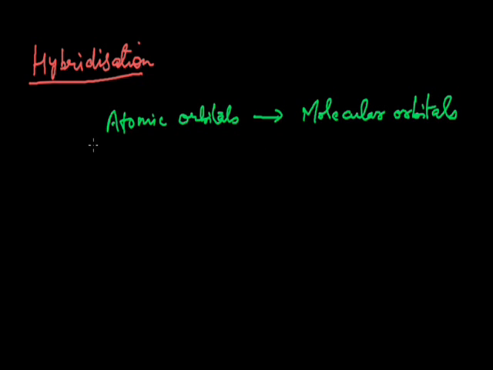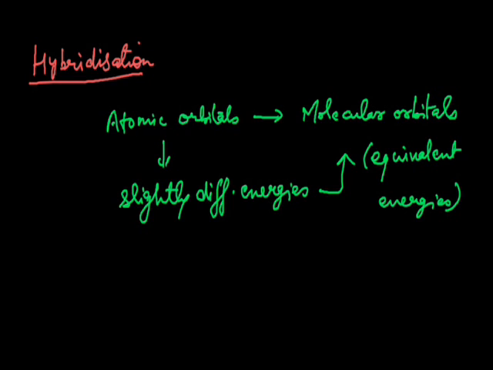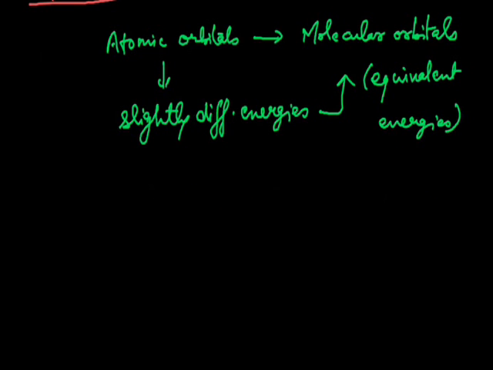This phenomenon of intermixing of atomic orbitals of slightly different energies to lead to the formation of molecular orbitals of equivalent energies is called hybridization. Let us understand hybridization by taking an example.